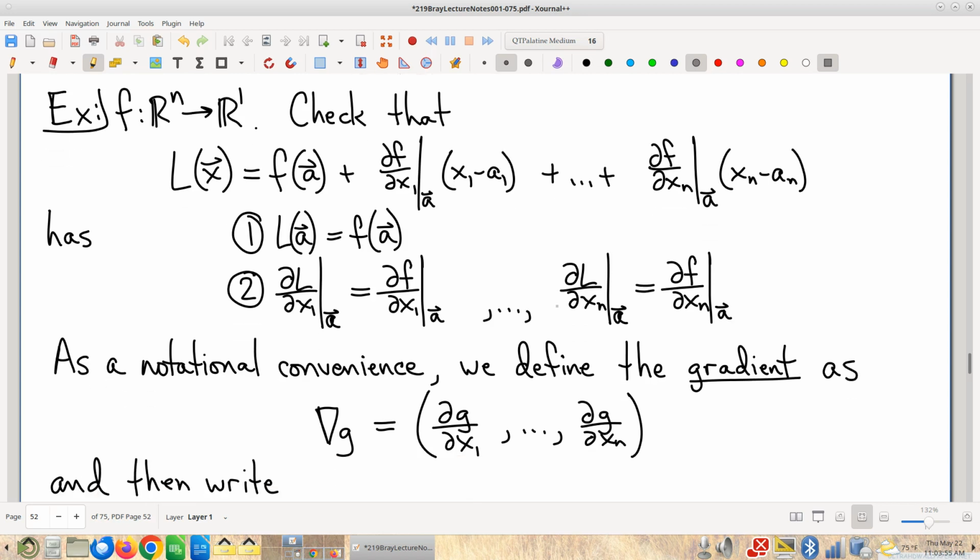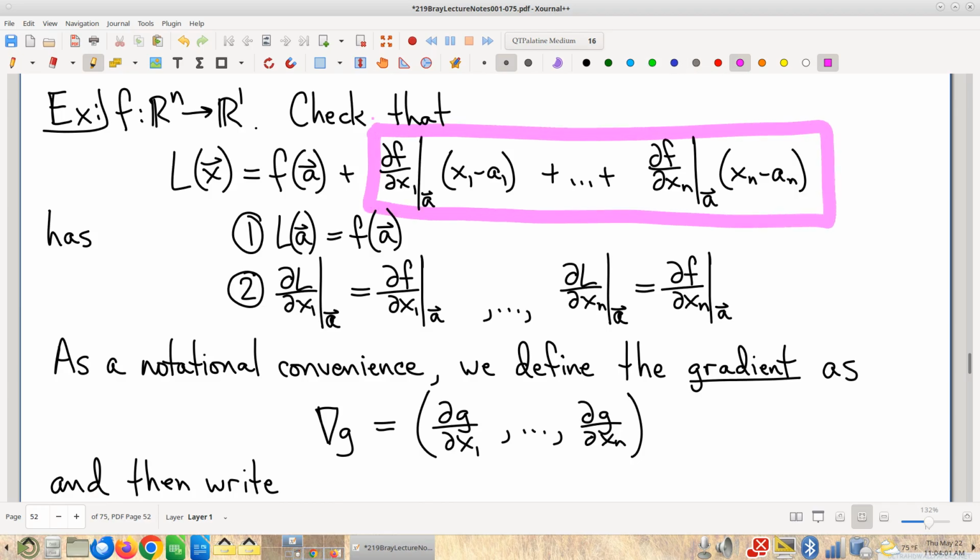Now, what I want to do is look at this part of the function. So, there's also the f of a. That's, of course, got to be there, but let's just not pay attention to that for a quick moment. Let's look at this part here, and let me make the observation that there's a bunch of factors that all kind of look the same. They're all partial derivatives. And then the other factors in each term also all kind of look the same.